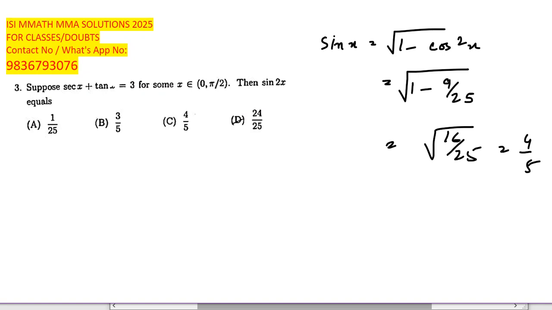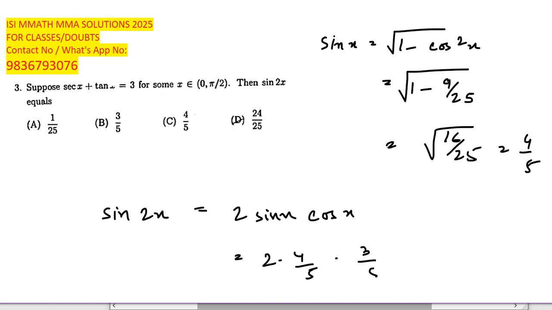Now we will compute sin 2x finally, that is the question. So sin 2x is 2 sin x cos x, so that is 2 multiplied by 4 by 5 multiplied by 3 by 5, so that is 24 by 25. So my correct option will be option D.